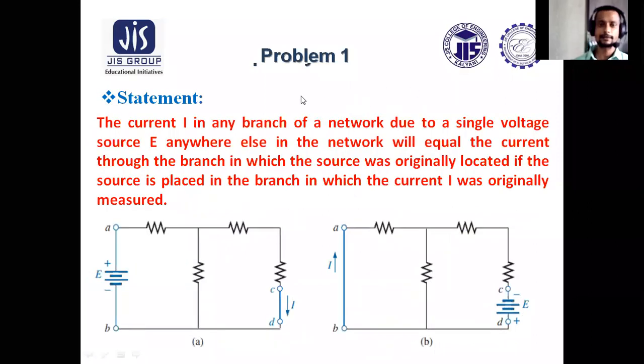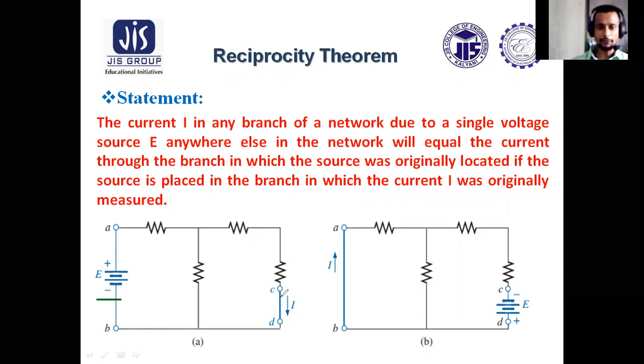Now let us discuss the reciprocity theorem. As the name implies, what is a reciprocal network, or what does this theorem deal with? Suppose we have a voltage source here. If you find the current through this path is I ampere, then if we alter these two, if the voltage source is placed here and you try to find the current through this branch, then as per the reciprocity theorem, suppose due to this E voltage source, the current through this path is say 5 ampere.